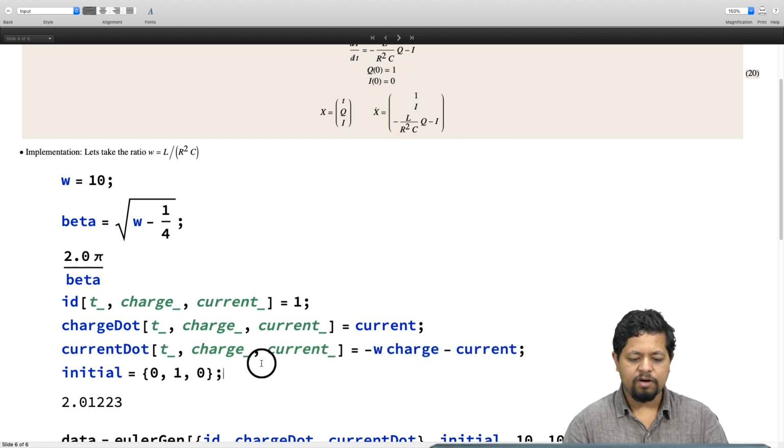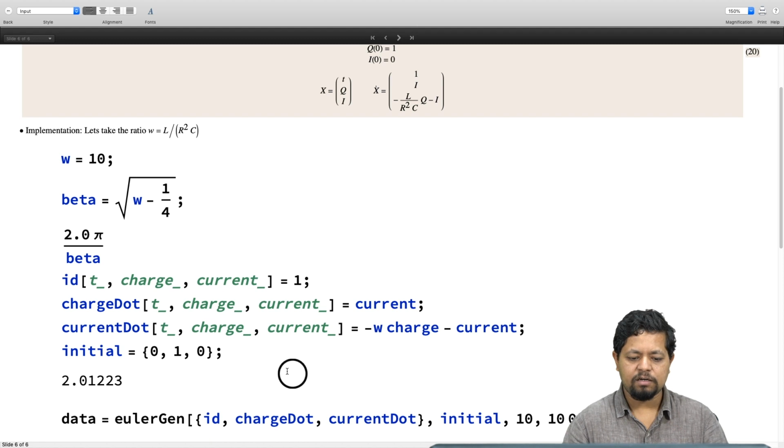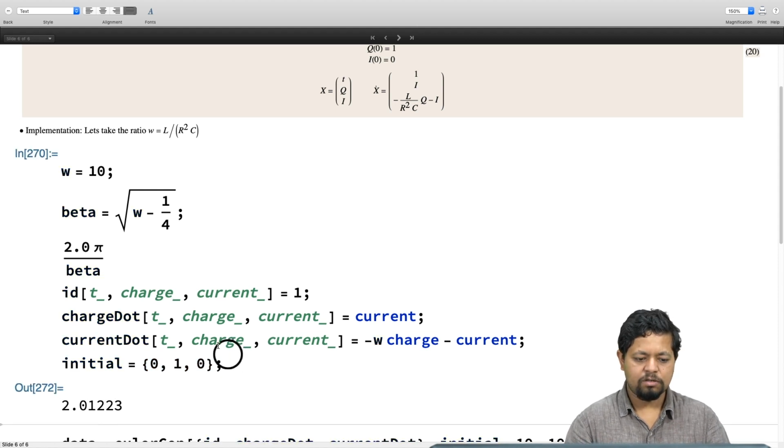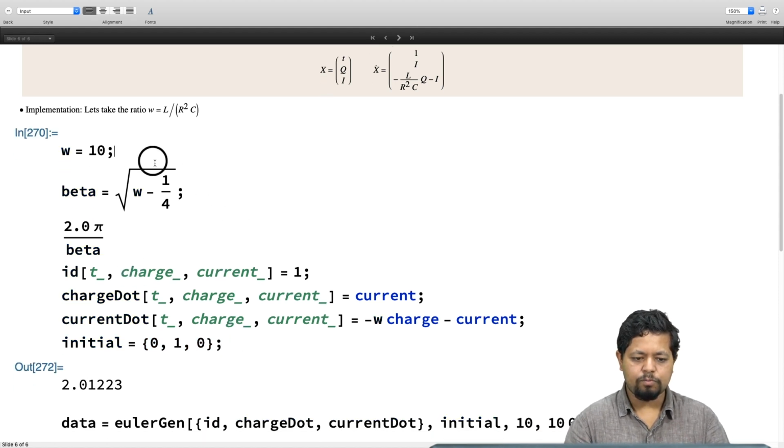And finally the initial conditions are set. The initial conditions are at t equal to 0, I've got Q equal to 1 and I equal to 0. So this is my set of initial conditions. When I execute that, I suppress all the outputs using the semicolon over here. So the only output that I'm printing over here is this. So when I take W equal to 10, beta is square root of W minus 1 by 4 and 2 pi by beta is 2.01.